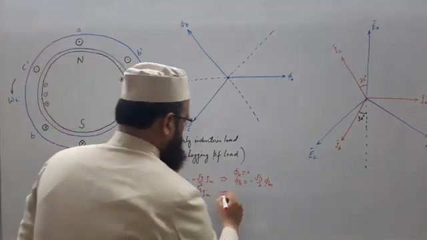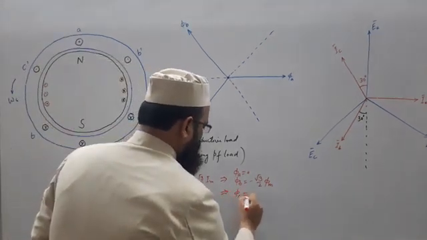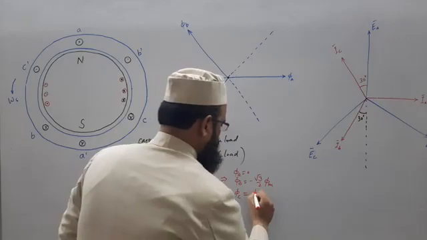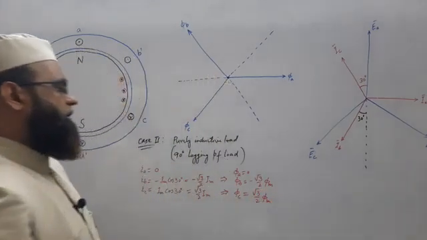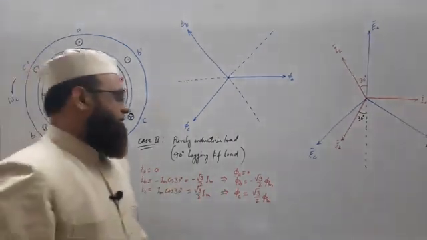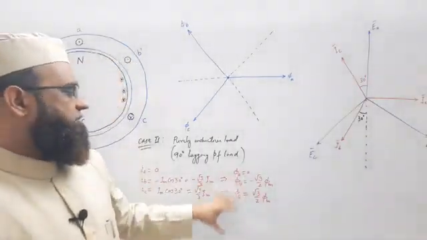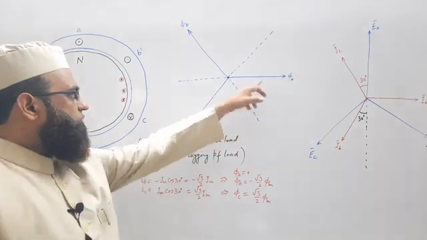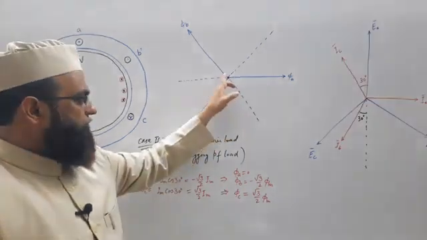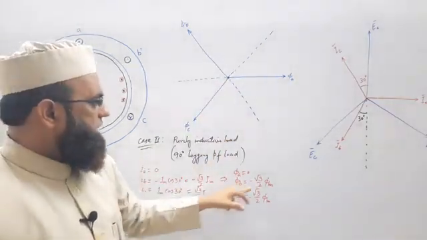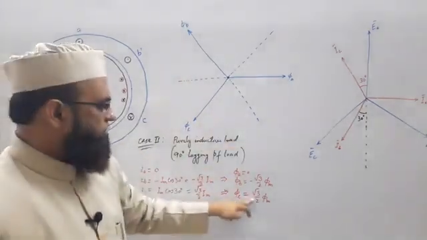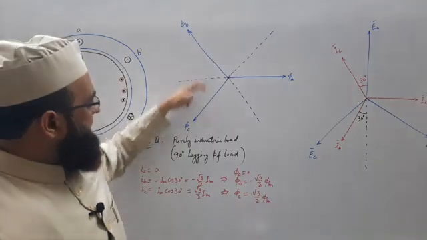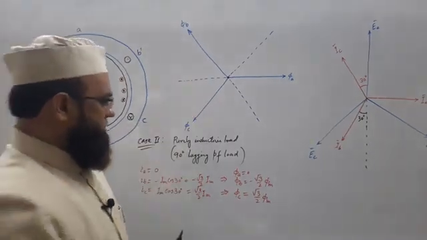This implies phi C will be equal to plus root 3 by 2 phi m. Now in order to get the resultant, try to visualize this moment. Phi A, the flux in A, is at the central position, 0. Phi B is in the negative direction, where is B? Somewhere here, and phi C in the positive direction, somewhere here, right.